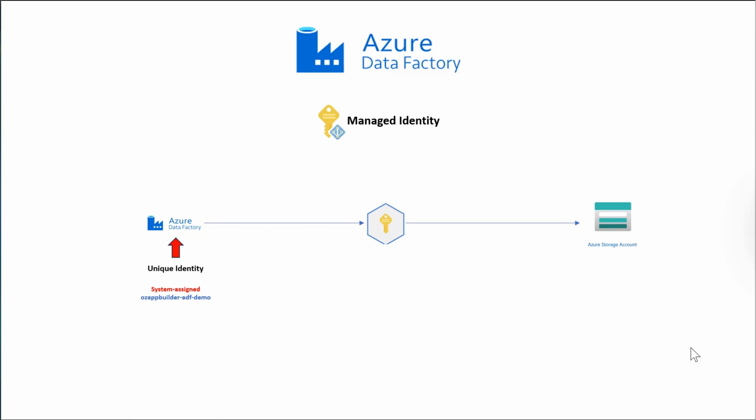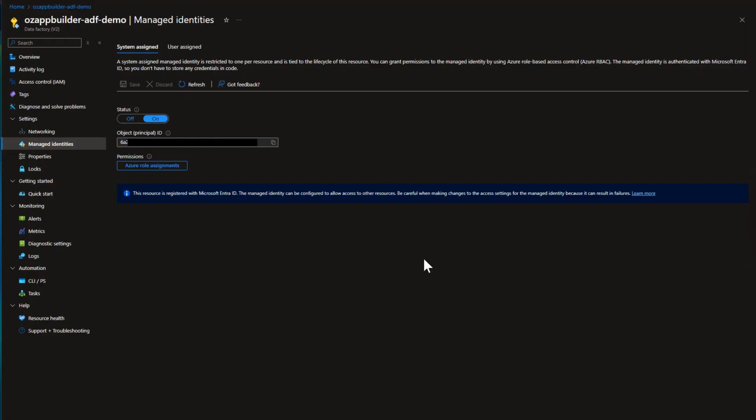I'll show you that system assigned identity, and then we need to grant that identity access to the Azure storage account, so we can use it inside the ADF to create a blob inside the storage account. If you go to ADF, go to the settings section and then managed identities, you see there are two tabs, system assigned and user assigned.